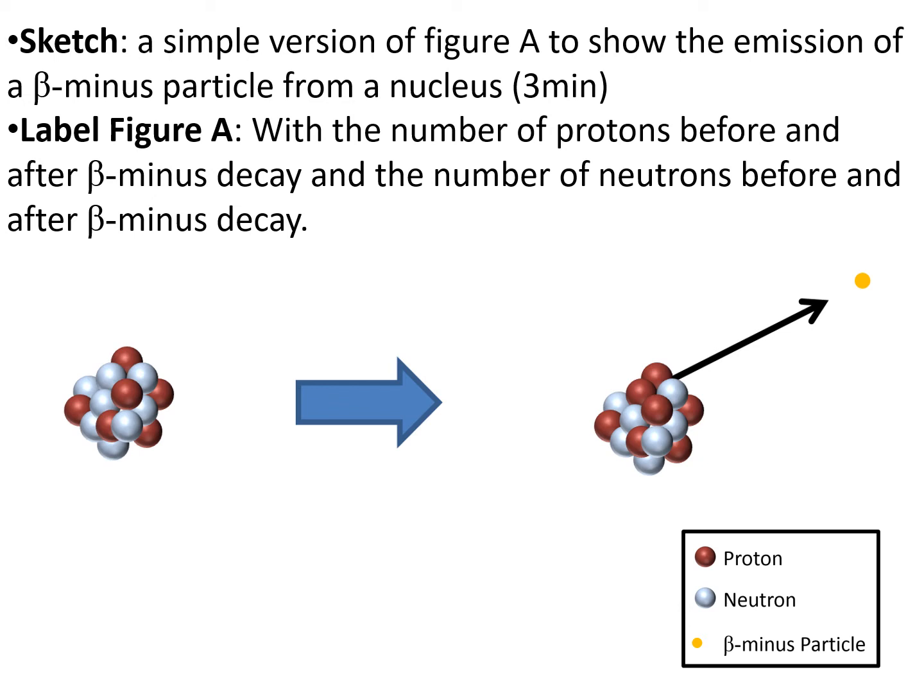Sketch a simple version of figure A to show the emission of a beta minus particle from a nucleus. And then label figure A with the number of protons before and after the beta minus decay, and the number of neutrons before and after the beta minus decay.